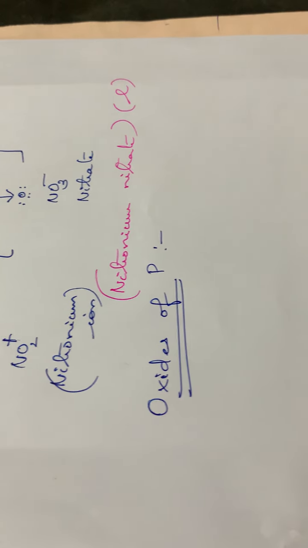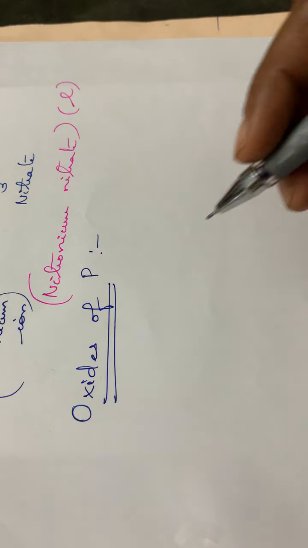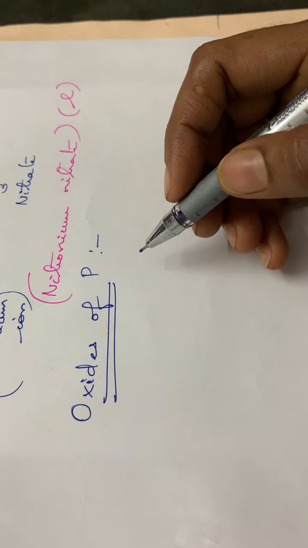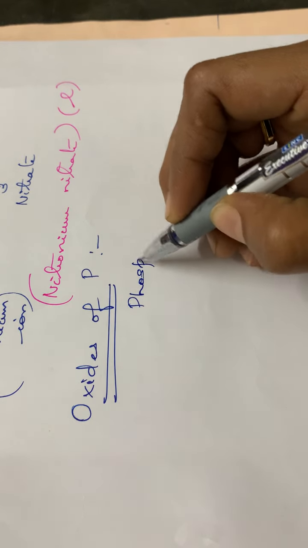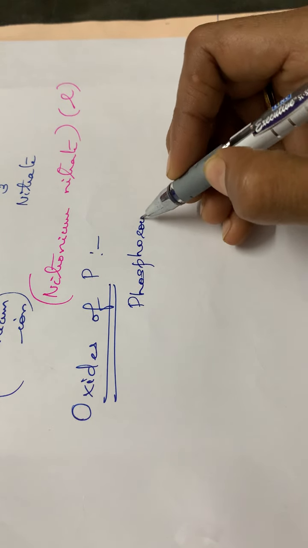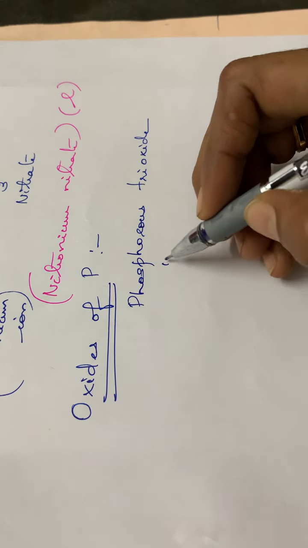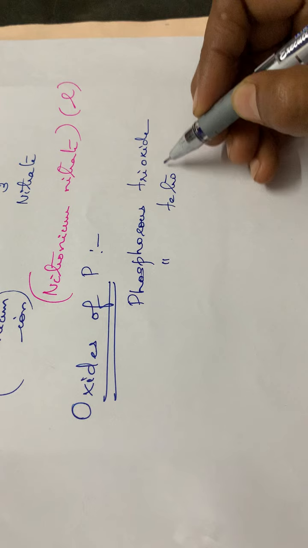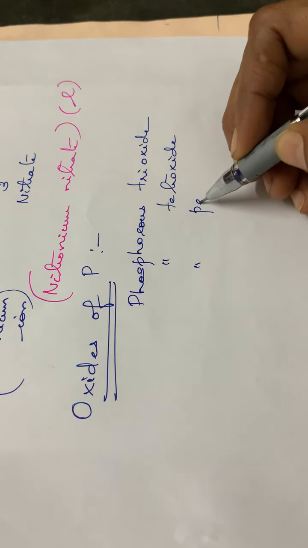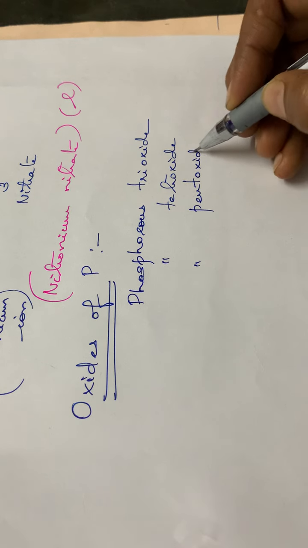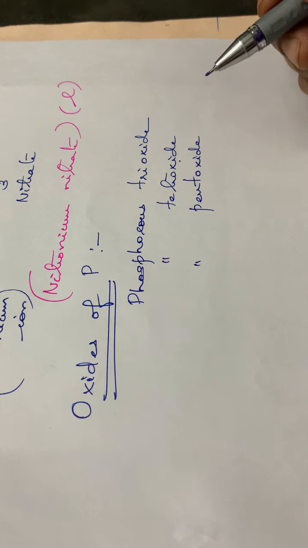Normally phosphorus has oxides: phosphorus trioxide, phosphorus tetroxide and phosphorus pentoxide. You have to study these compounds.